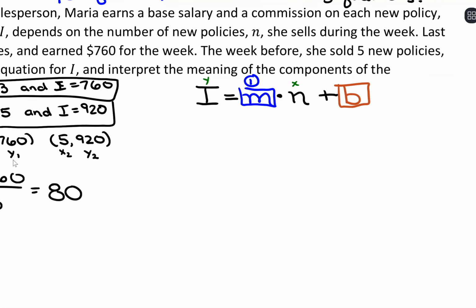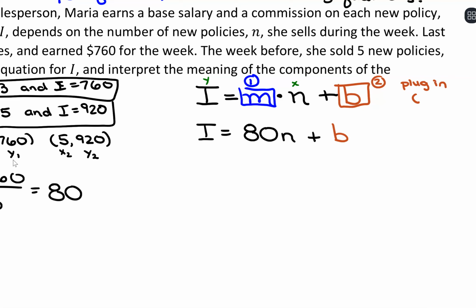So in terms of my equation, I now know I have I equals 80 times N plus, but we still don't know what B is. However, what I can do is solve for B. So this is going to be our second step, where we plug in a coordinate.